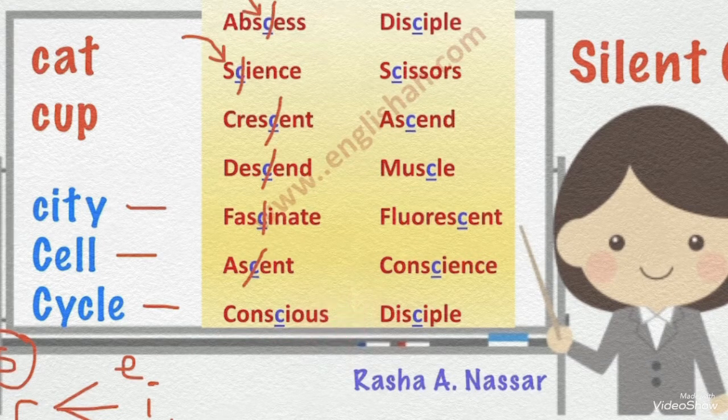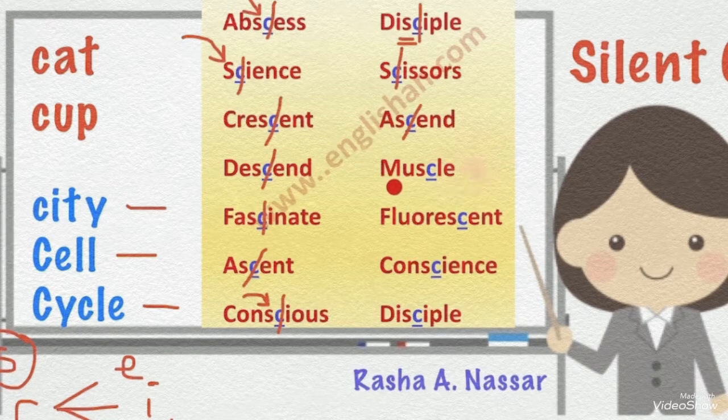I will not again read letter C because it comes after letter S. Discipline. So here I will not read letter C because it comes after letter S. Scissors. I will not again read letter C because it comes after letter S. Ascend. So here I will not read letter C because it comes after letter S.